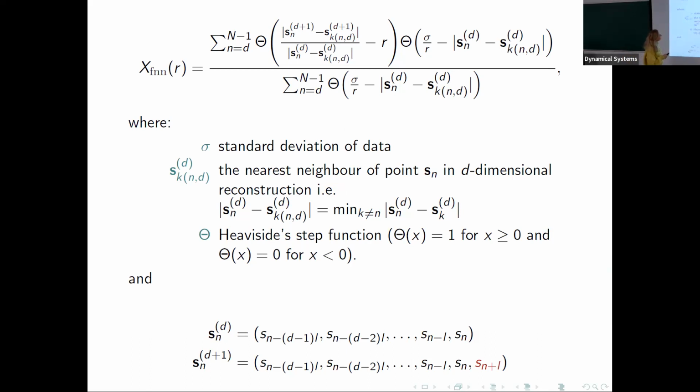So here this term just says that if originally our points were more than this factor apart, where sigma is the standard deviation of the data, then we just don't count such pairs as false nearest neighbors, because it means that, for example, this point was a sort of outlier in our data set, and that does not make sense. You need to look for a nearest neighbor. So here is the normalization by the number of these, let's say, outliers. And finally, we obtain some number that depends on r, and of course on our d, that we chose here.